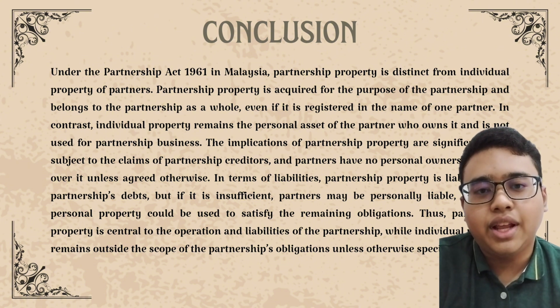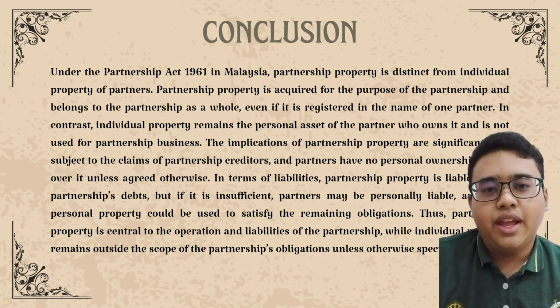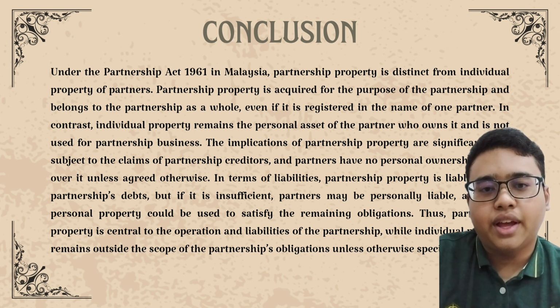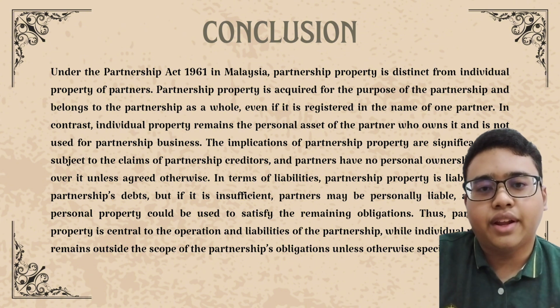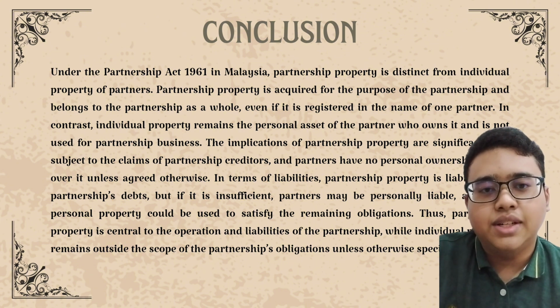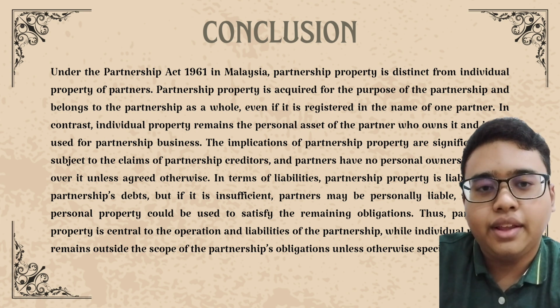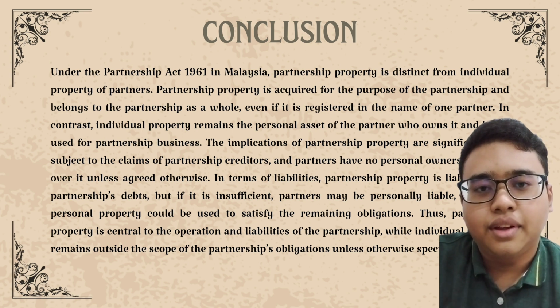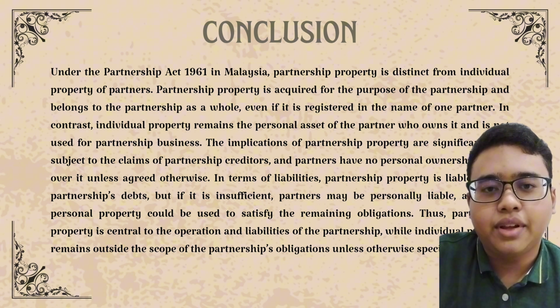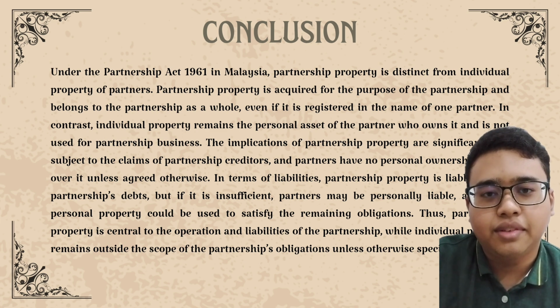Partnership property is subject to the claims of partnership creditors, and partners have no personal ownership rights over it unless agreed otherwise. In terms of liabilities, partnership property is liable for the partnership debts, but if it is insufficient, partners may be personally liable and their personal property could be used to satisfy the remaining obligation.